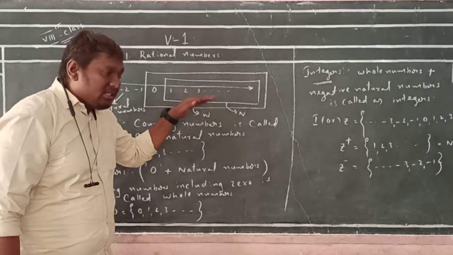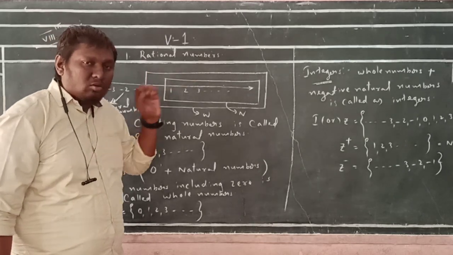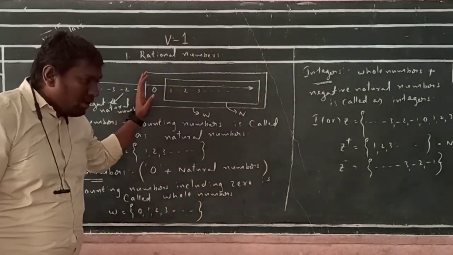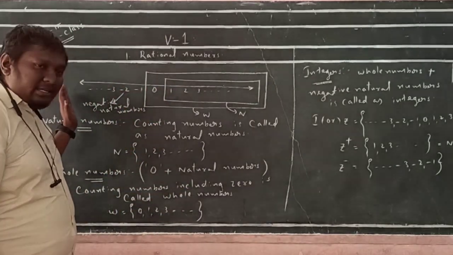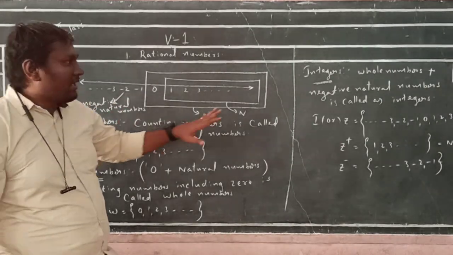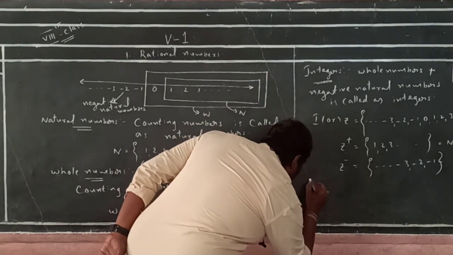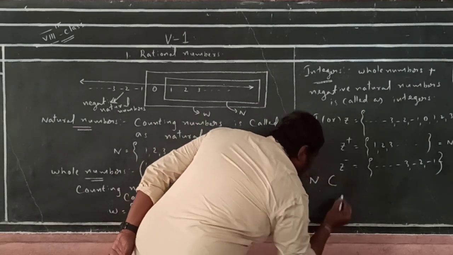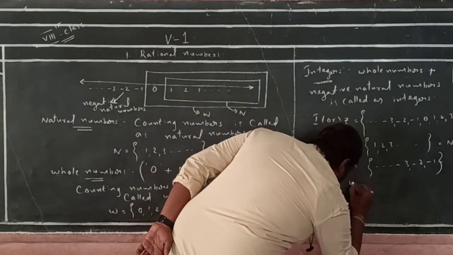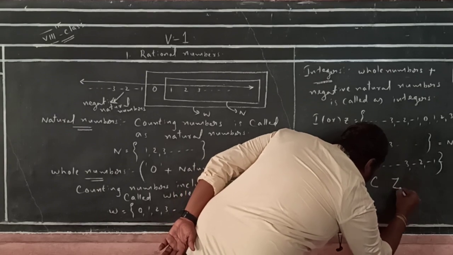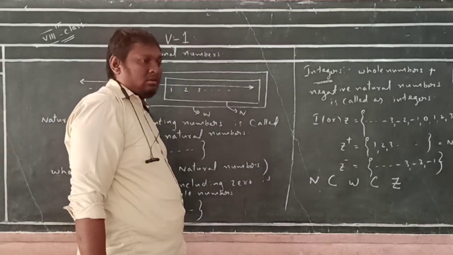The natural numbers including 0 are called whole numbers, and whole numbers plus negative natural numbers are called integers. Here natural numbers are a subset of whole numbers, which are a subset of integers.